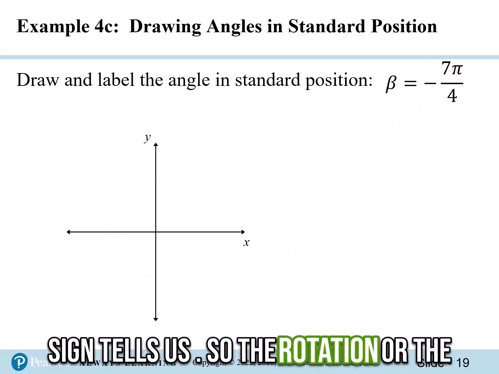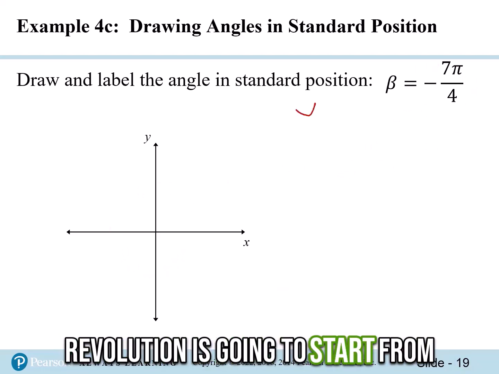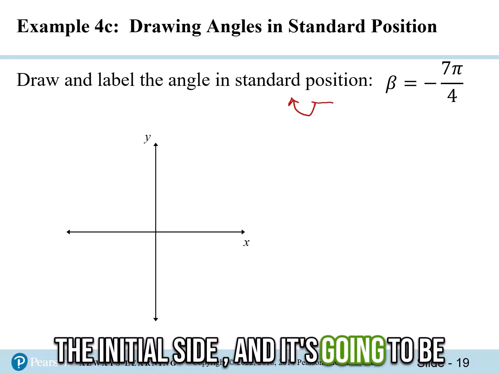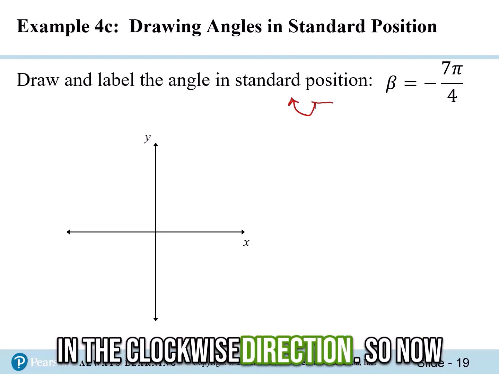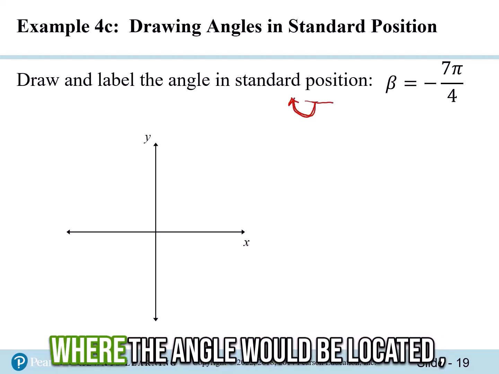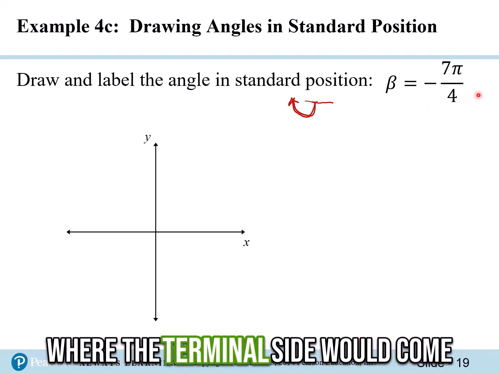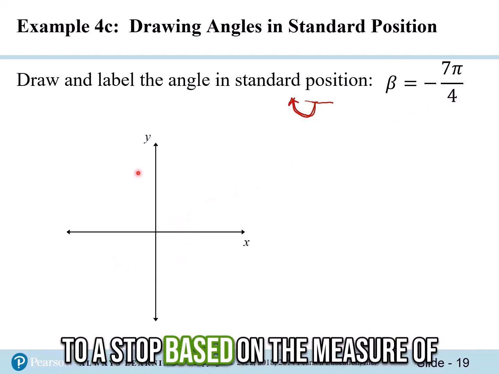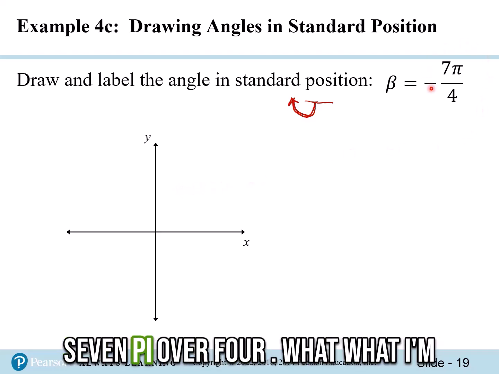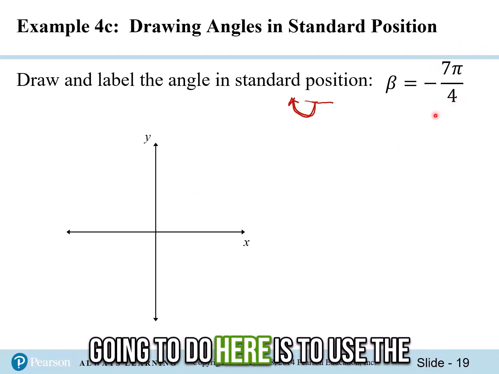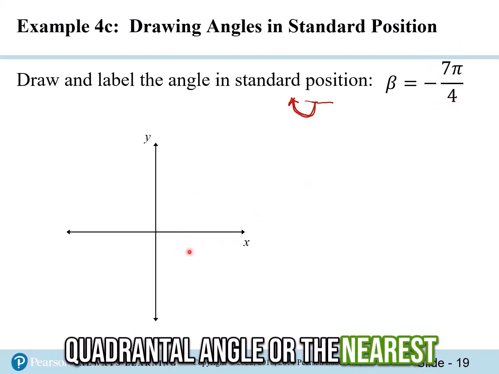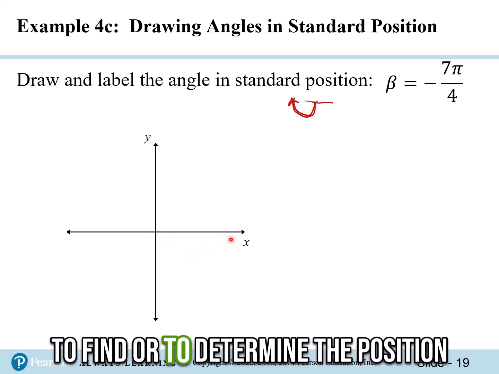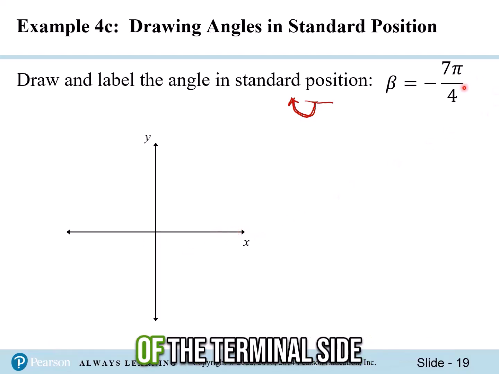The rotation or the revolution is going to start from the initial side and it's going to be in the clockwise direction. So now we have to figure out where the terminal side would come to a stop based on the measure of 7 pi over 4. What I'm going to do here is to use the nearest quadrantal angle to determine the position of the terminal side for this measure.